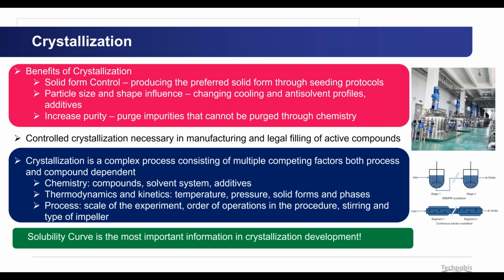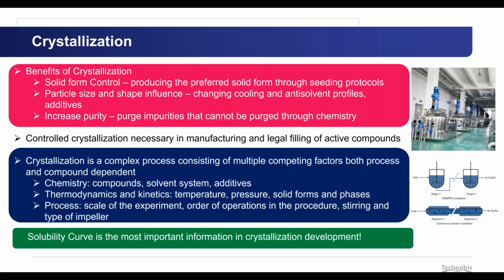Solid form control is one of the most important topics: finding the optimal form, either the most thermodynamically stable form or maybe not, that you need to bring to the market, that has the right particle size, shape, particle properties, the right impurity profile. Control of crystallization is crucial in manufacturing.